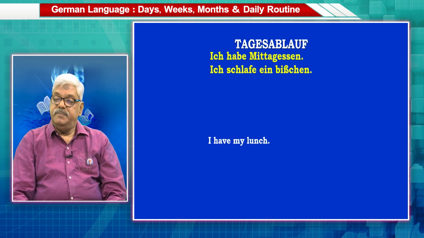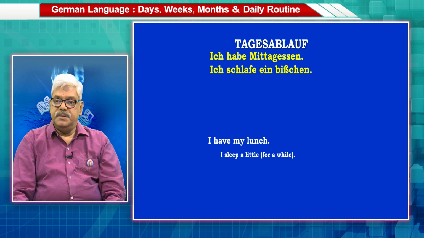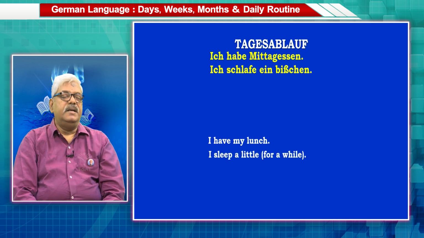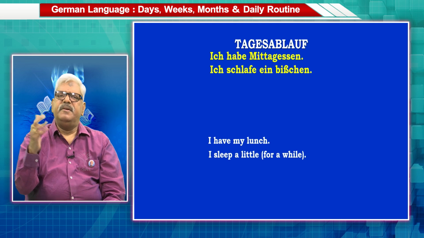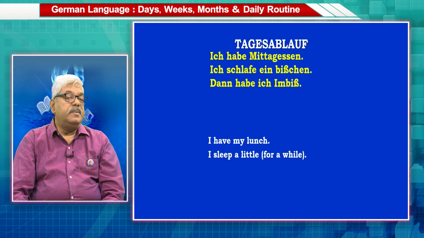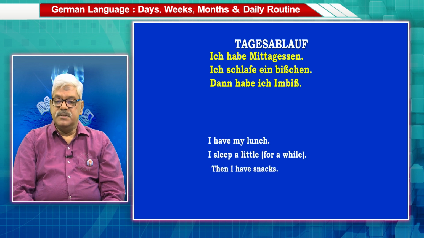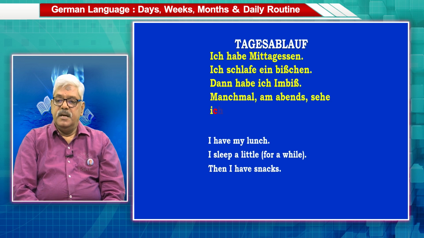Ich schlafe ein bisschen. Ich schlafe ein bisschen. Ein bisschen, what does it mean? I sleep a little. I sleep for a while. Ich schlafe ein bisschen. Dann habe ich Imbiss. Imbiss, snacks. So then I have snacks.